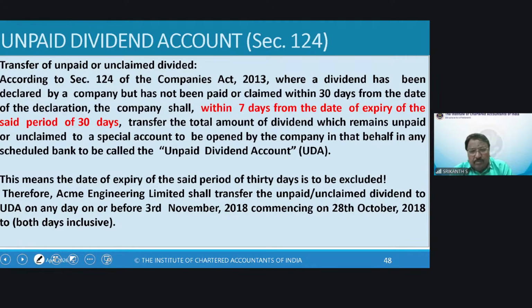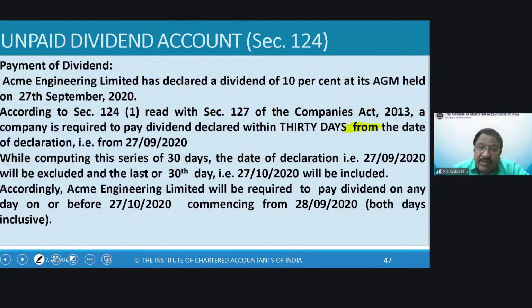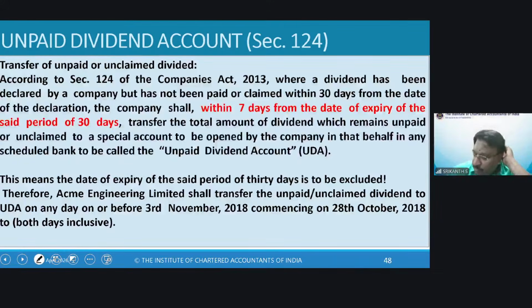Both days are included. Okay. So you have to commence from 28th. Both days included, that is right, sir. So 27/10 is the last day, the 30th day. So you start counting from 28th. You don't include the last day, the 30th day, because it is from the expiry of 30 days.